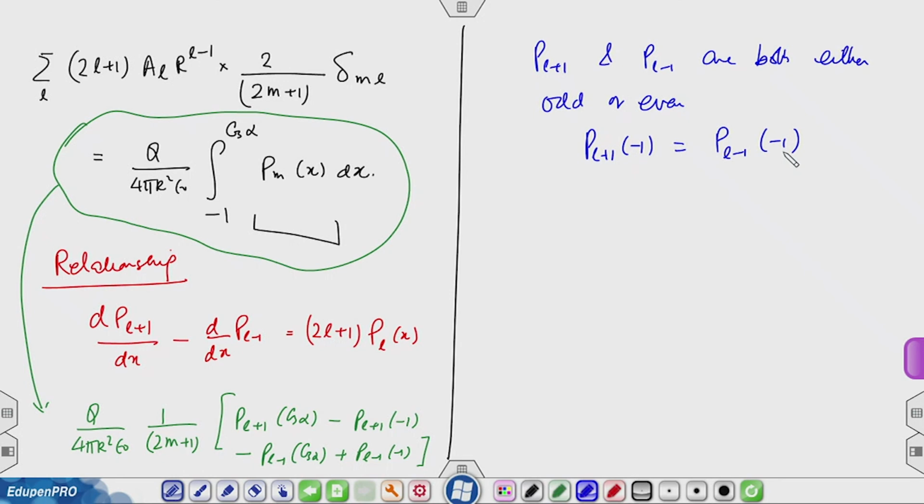And therefore, this term cancels and you get the right hand side to be just q over 2 pi r square epsilon naught, 1 over 2m plus 1 and the difference of these Legendre polynomials at cosine alpha.